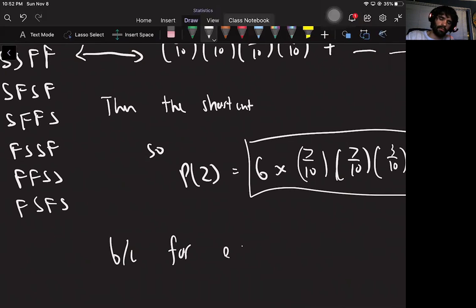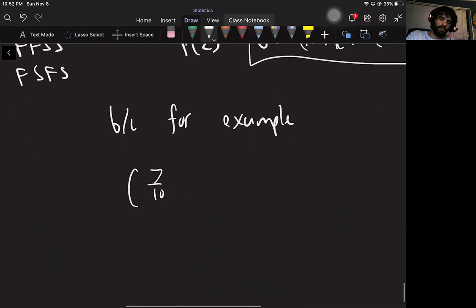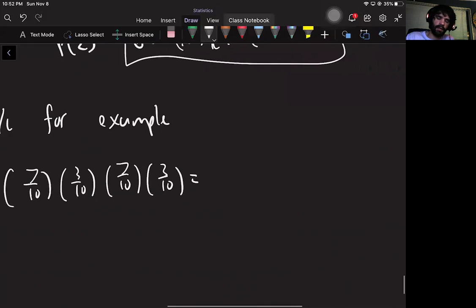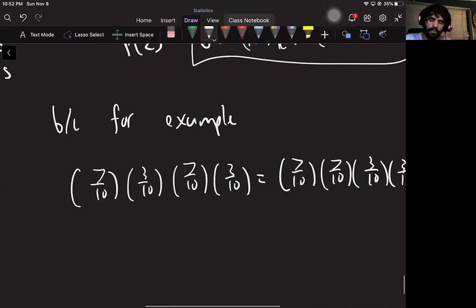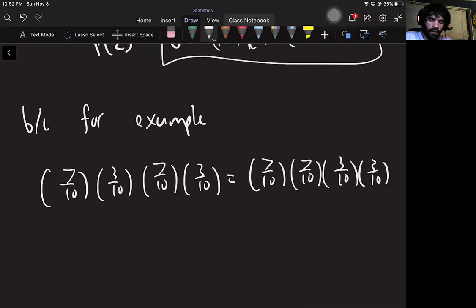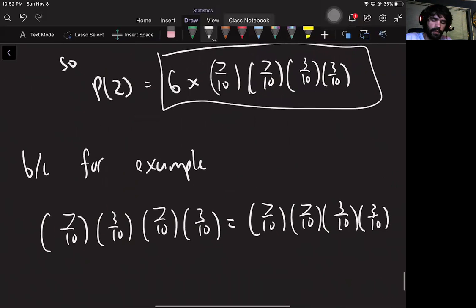So just for a mini example of what's going on, 7 over 10 times 3 over 10 times 7 over 10 times 3 over 10. That's exactly the same as if I just do the 7 tenths in the front. The order of multiplication, you can switch around if everything is multiplication. Okay, so that's why you can just multiply by 6.